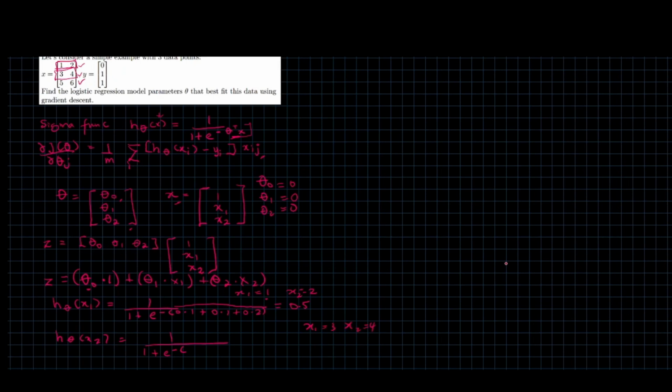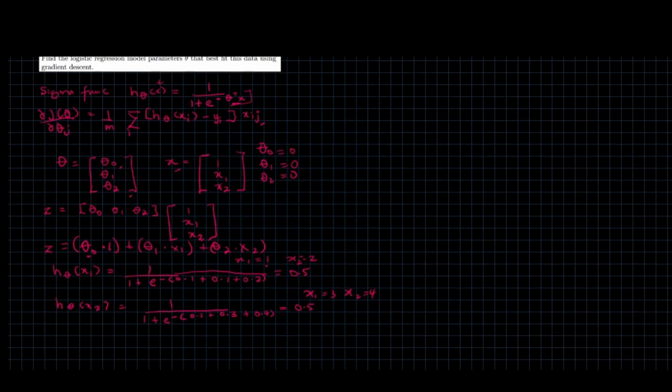So it's going to be 0 times 1 plus 0 times 3 plus 0 times 4, which gives 0.5. And just so that we don't waste time, the last one will be the exact same value. It's just that this time we'll be using x1 as 5 and x2 as 6. Those are input features, and the answer will still be 0.5.